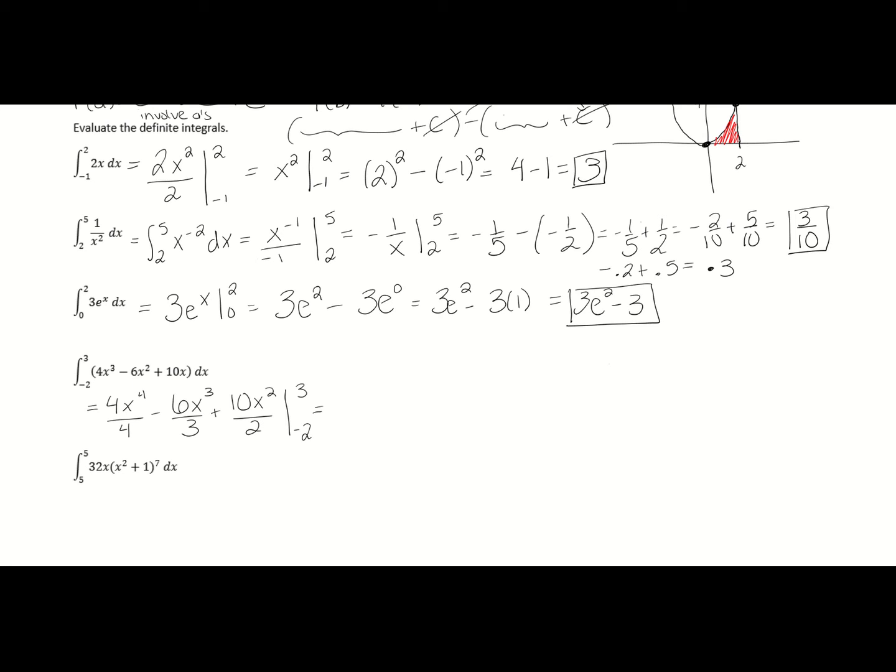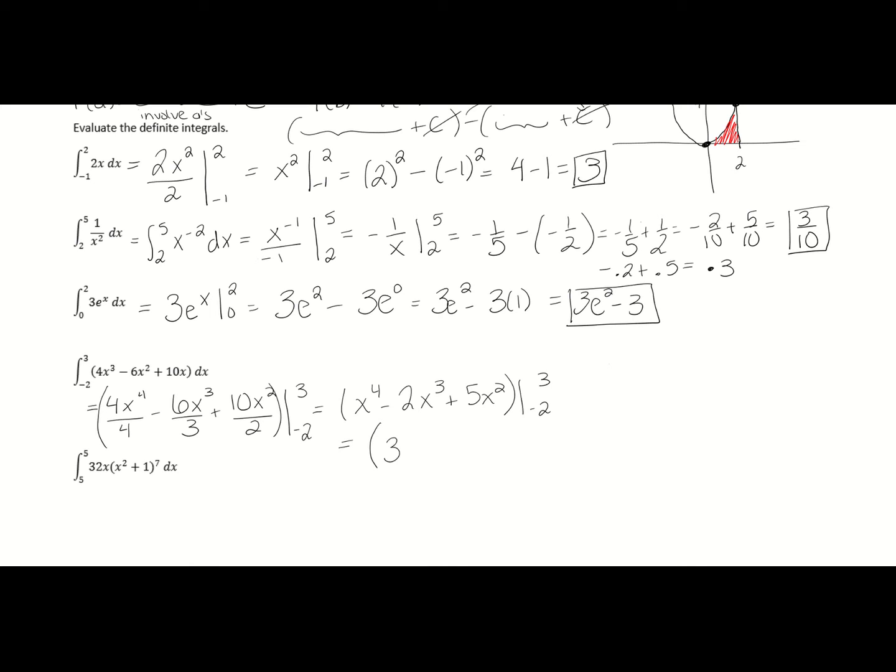Now before I plug in, I like to simplify. So that's going to give me, and I'm going to use parentheses here to denote that I'm taking it on all of it, x to the 4th minus 2x cubed plus 5x squared from negative 2 to 3. So here parentheses are really important. First I'm going to plug in 3.